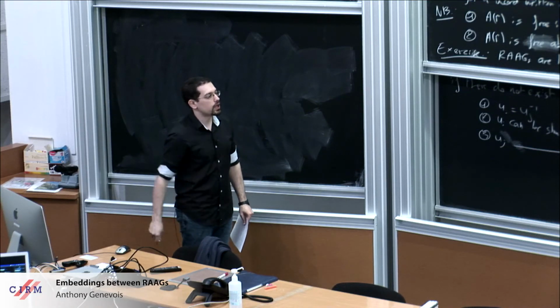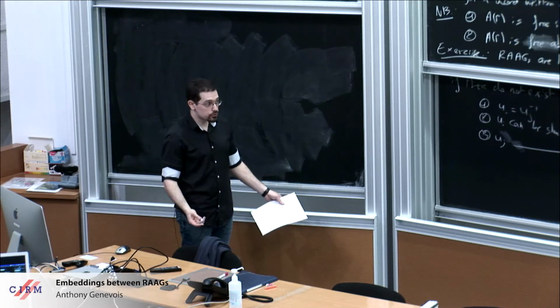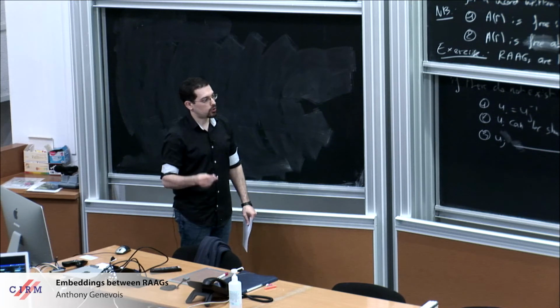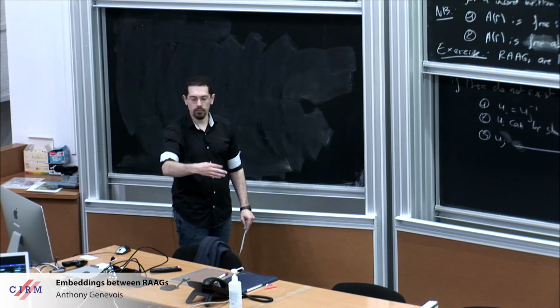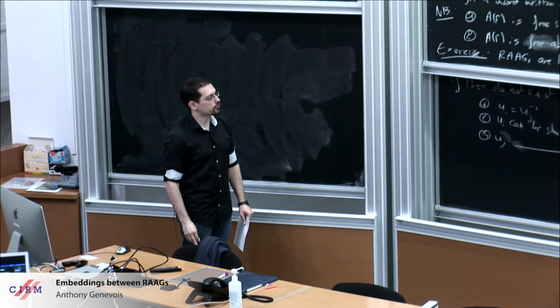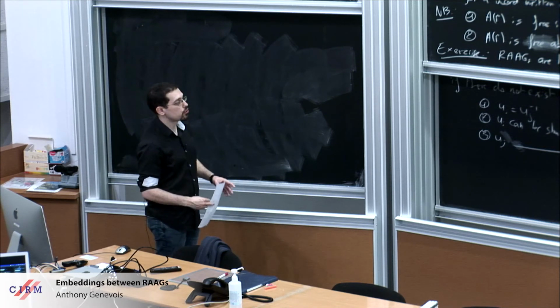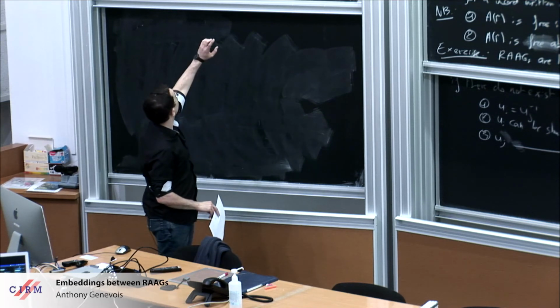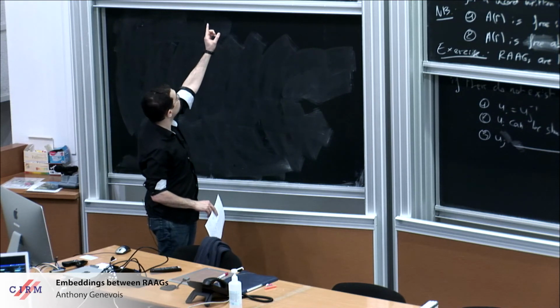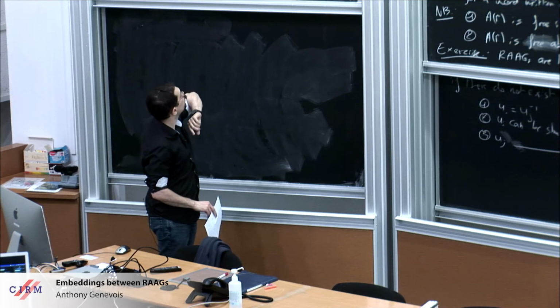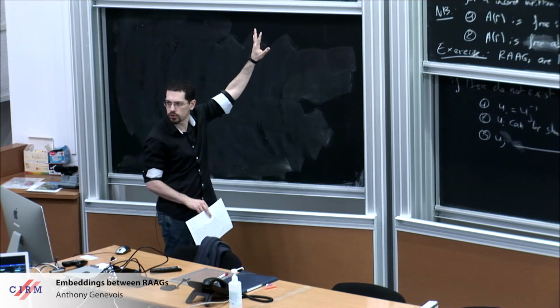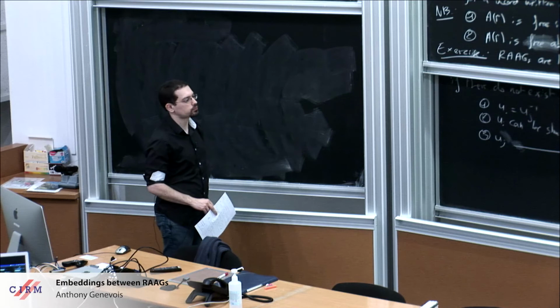Kim and Koberda used mapping class groups to prove their results, which is a rather indirect proof. The goal of this mini course is to show that we can find a more direct and more geometrical proof using this quasi-median geometry that we will see next time.